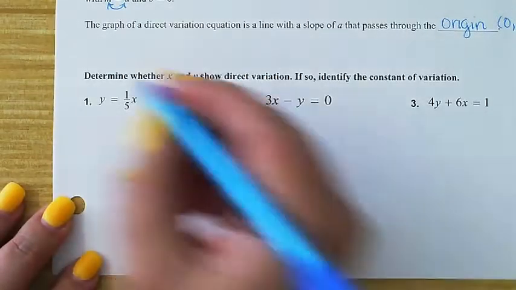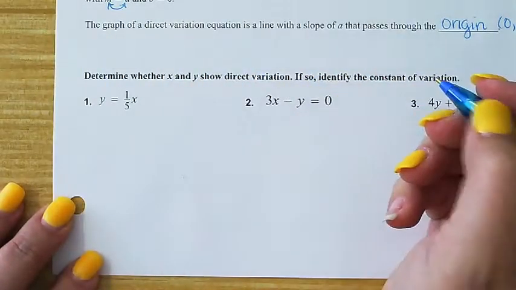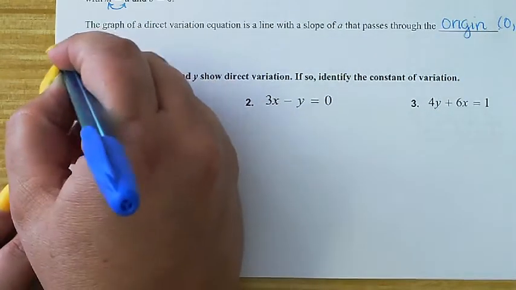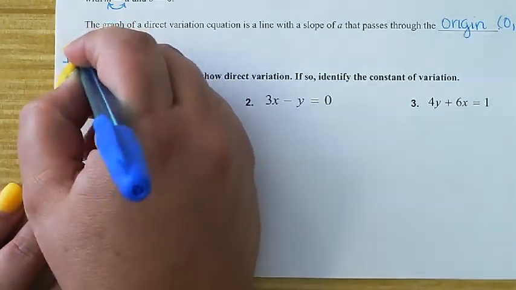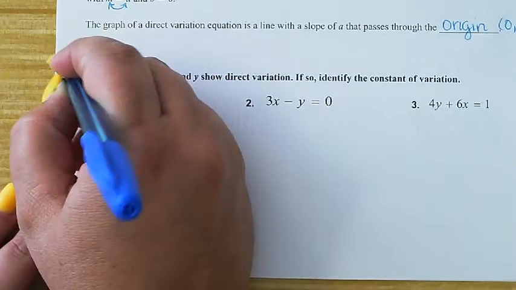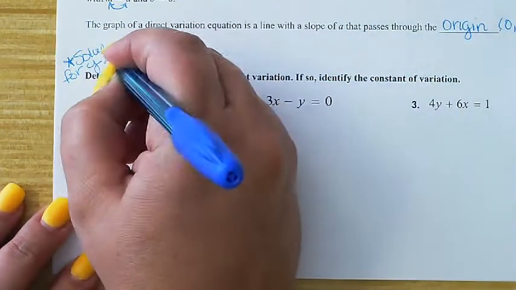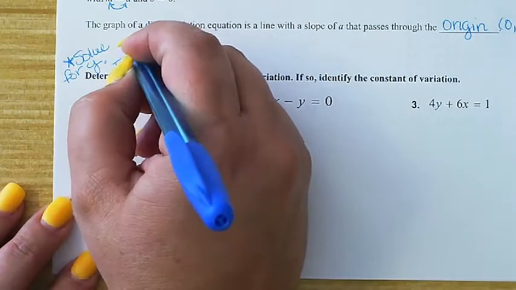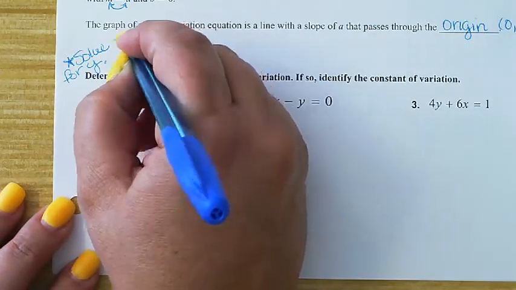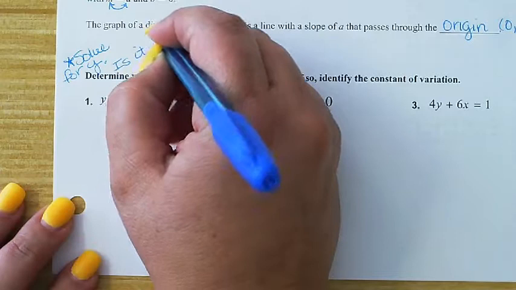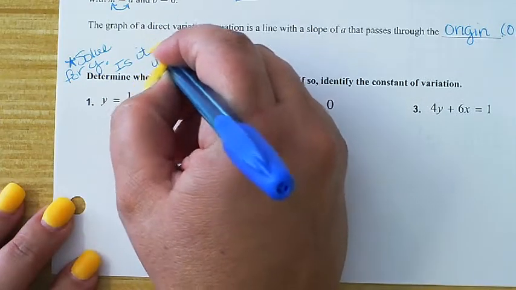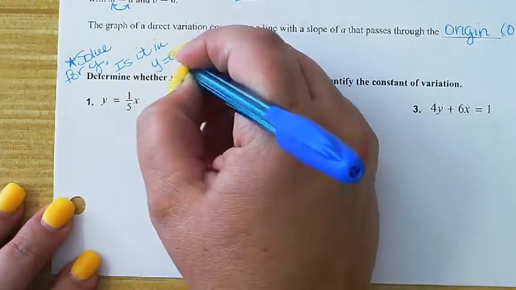The big thing though is to just make sure you solve for y. So when we do this, we're going to make sure that we solve for y, okay? And then we can ask ourselves, is that equation in that y equals ax form?